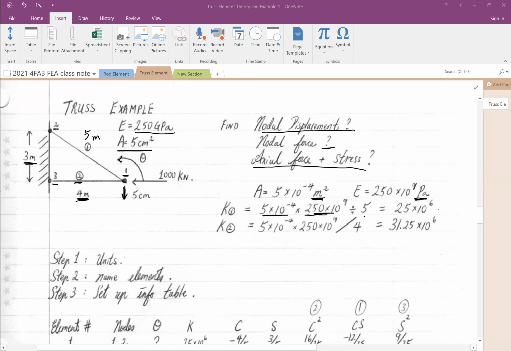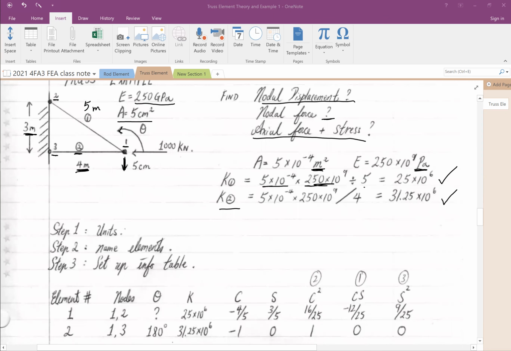So you get this. And at the same time, element 2, we have a K value as well.